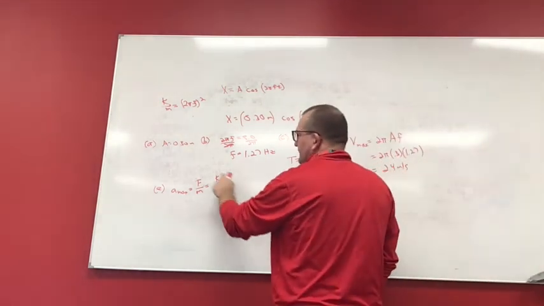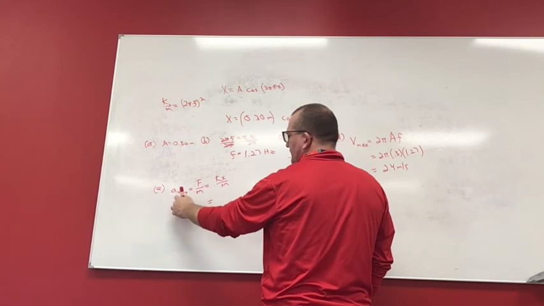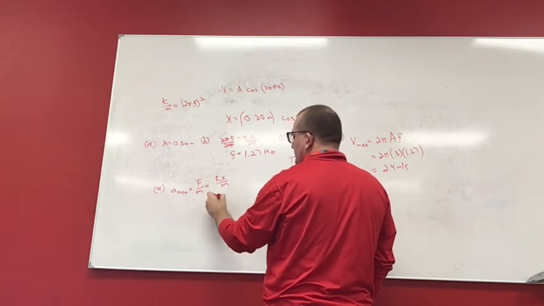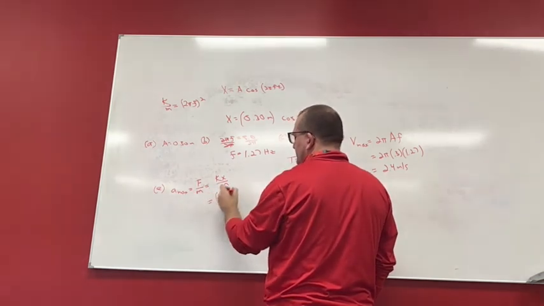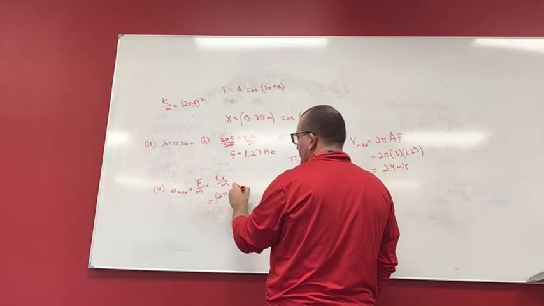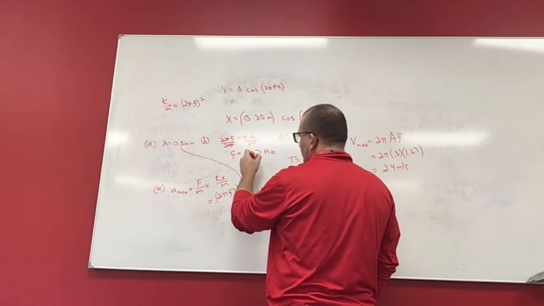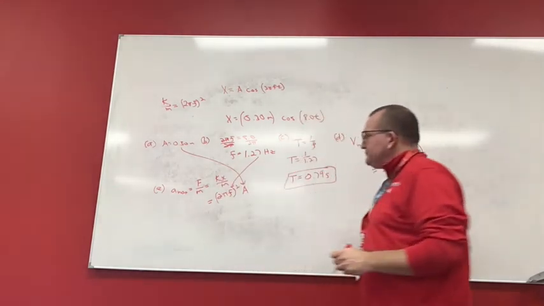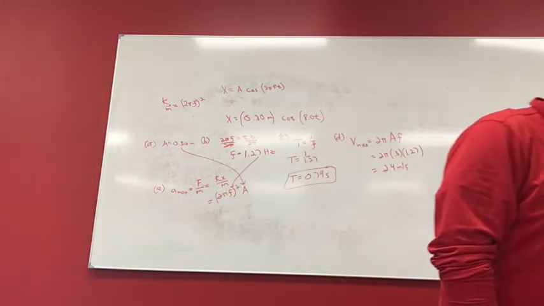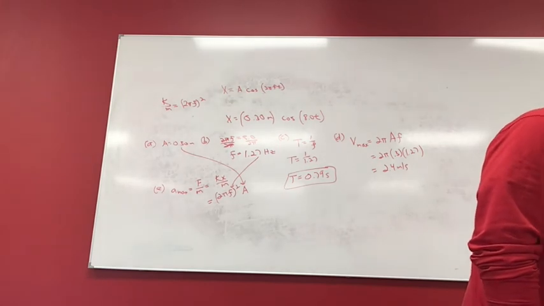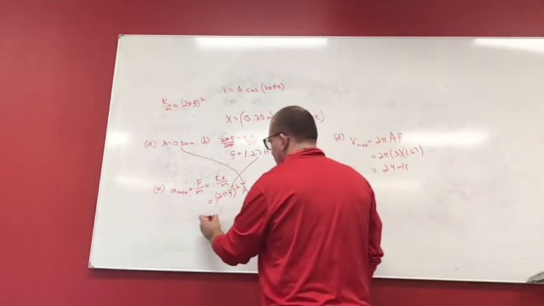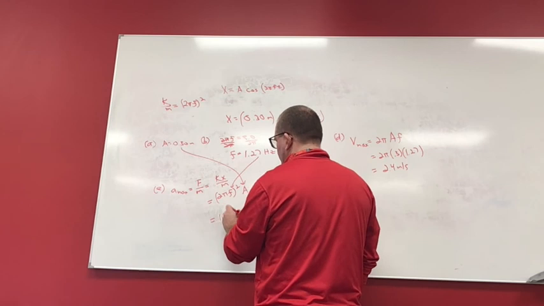X, in this case, is our amplitude. So A max is (2 pi f) squared times amplitude, which we know is 0.3. Our frequency is 1.27. And then I just mash all those buttons on my calculator, and I get an answer of 19 meters per second squared.